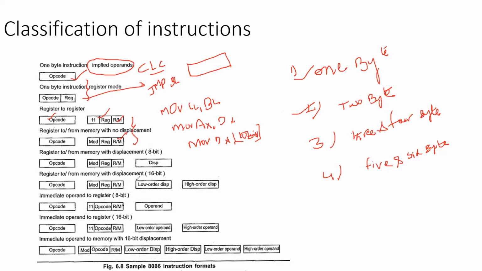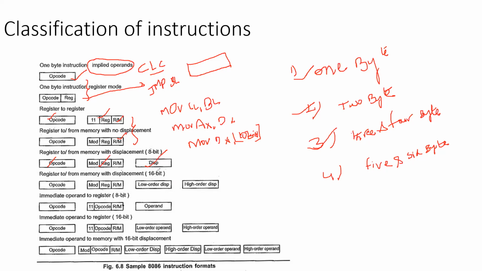Coming to the next category: 3-byte or 4-byte instructions. If you see here, we'll have the first byte as opcode, the second byte that indicates the type, memory or register, and the third byte will be displacement.